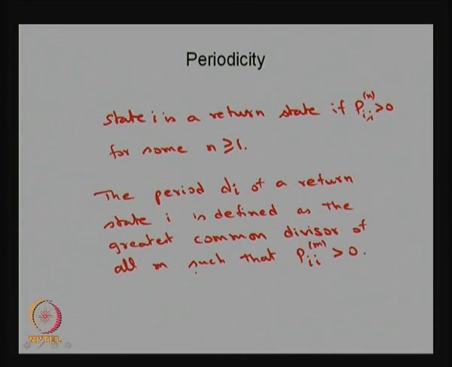You collect all the possible numbers of steps in which you come back to the state with positive probability, and you find the greatest common divisor of those positive integers, then that number is going to be the period or periodicity of the return state. We can write in short: d_i is the greatest common divisor of the collection of m such that p_{i,i}(m) is greater than 0.